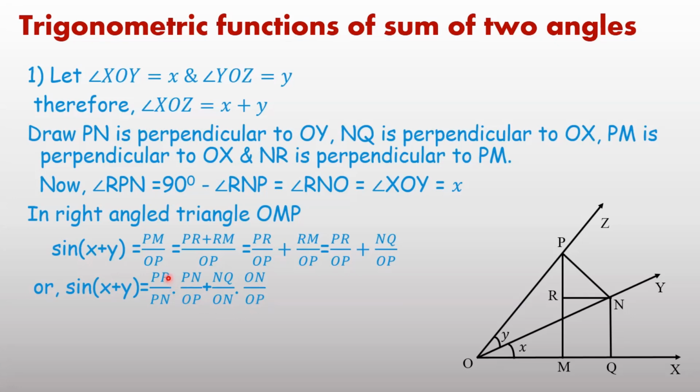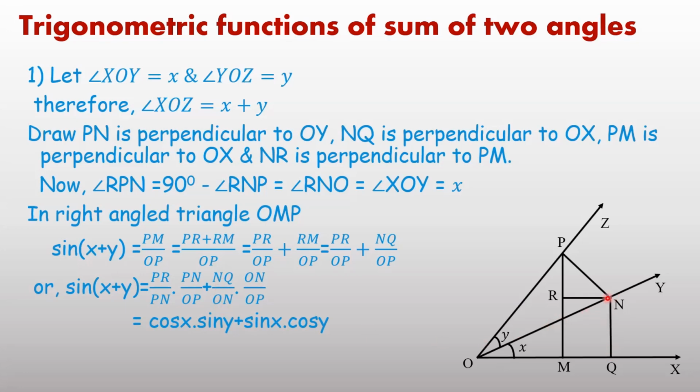Then next, PR upon PN, just concentrate. PR upon PN for angle P, P is X. It is equal to cos X into PN upon OP. Now concentrating on this triangle PNO, it is a right angle triangle. PN is perpendicular and OP hypotenuse. PN upon OP is sin Y, plus NQ upon ON.